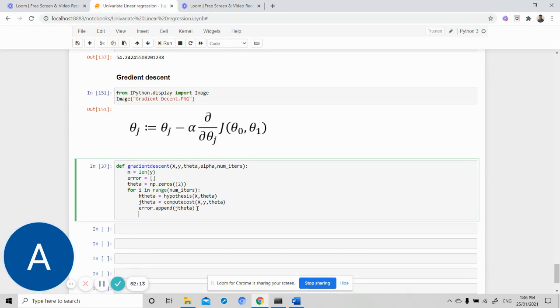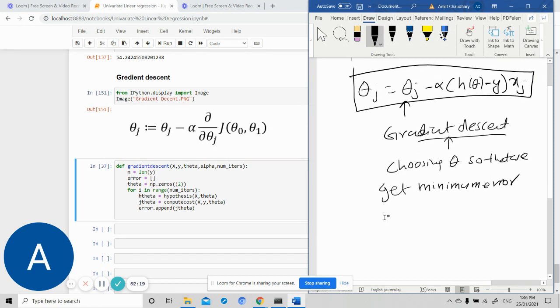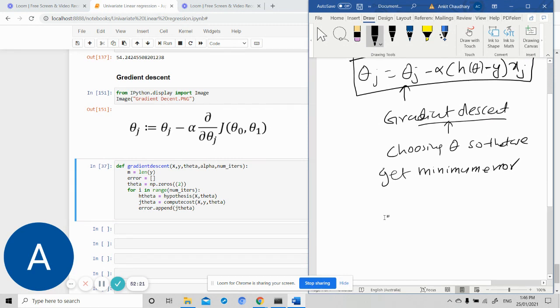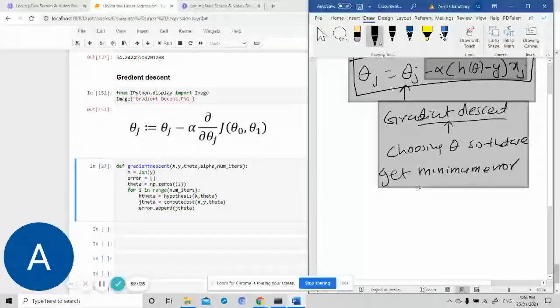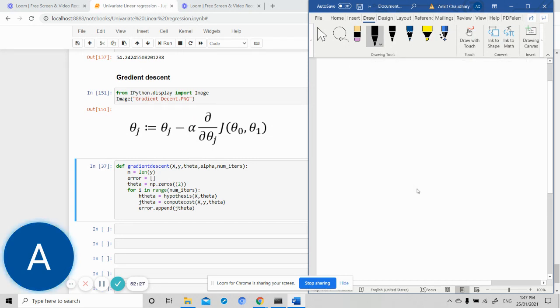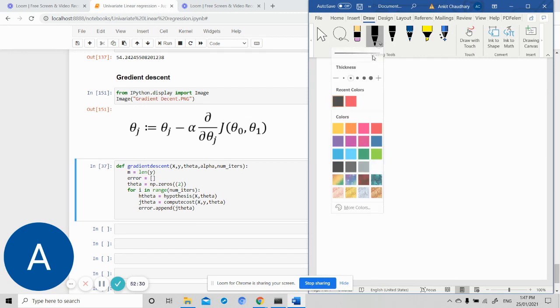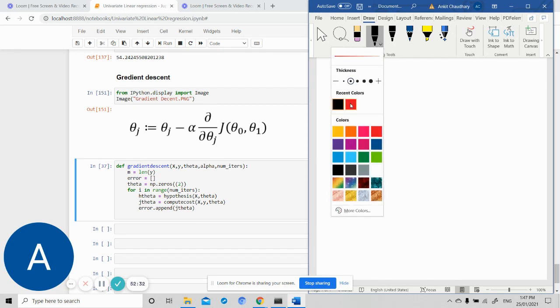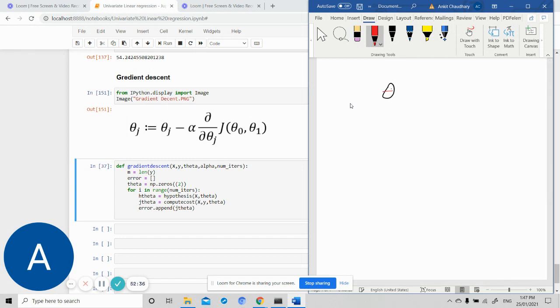Okay, so what we are going to do now is, we know that our theta j is theta j minus alpha.